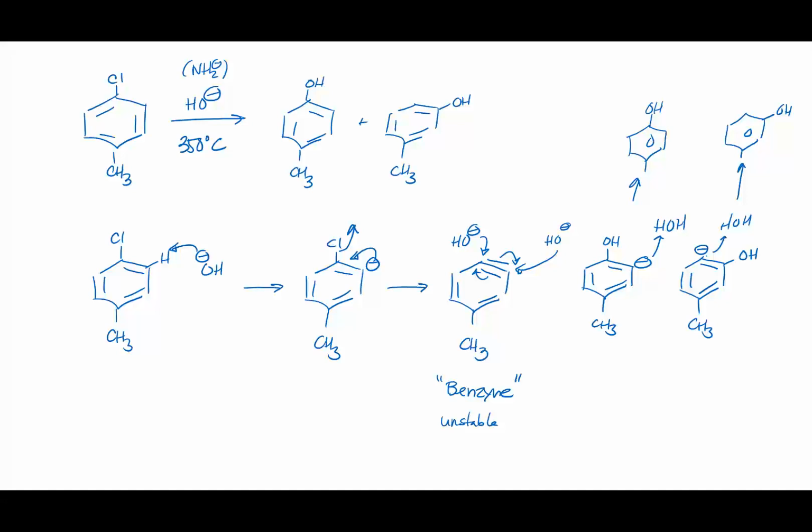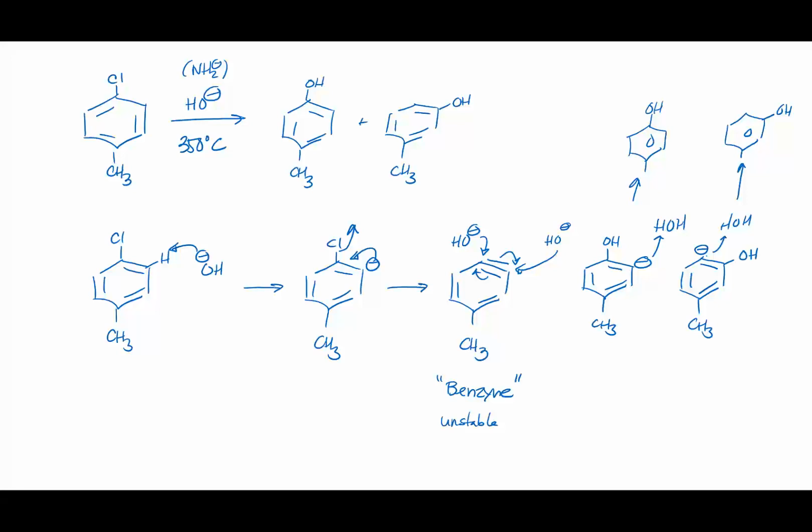And then why does it pick that specific hydrogen in the first step to deprotonate? Why doesn't it choose a different one? Because that's the only hydrogen that when I deprotonate it will actually kick off the leaving group. So that hydrogen has to be ortho to the leaving group in order to kick the chlorine off.